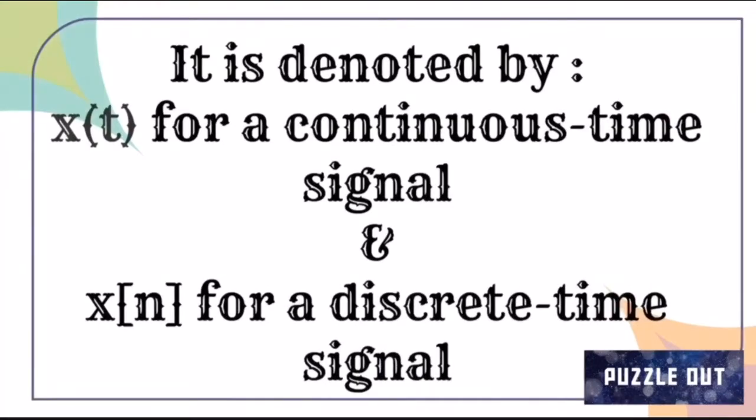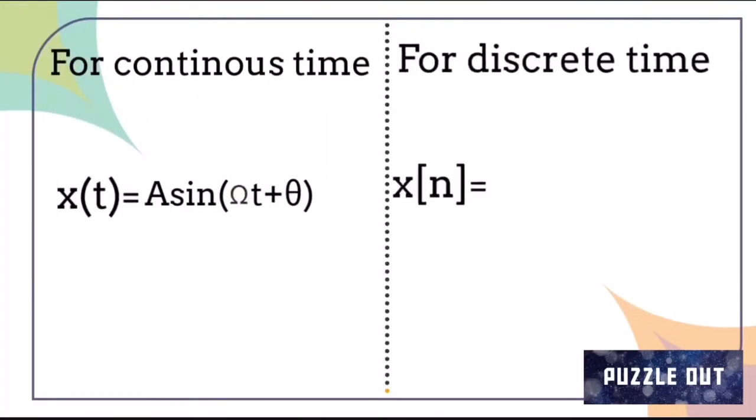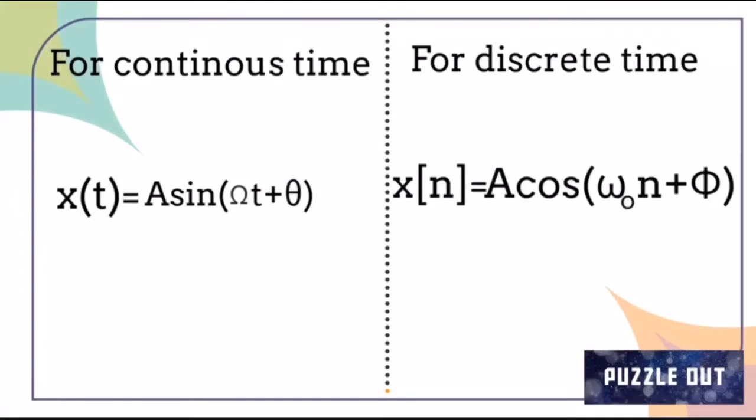Sinusoidal signals. It is denoted by x of t in continuous time and x of n for discrete time. Coming to its functional representation, it can be expressed either in sine or cos. So for continuous time, we can represent x of t as A sin(omega t plus theta) or A cos(omega t plus theta), and in discrete time it is denoted by x of n equals A cos(omega naught n plus phi) or A sin(omega naught n plus phi).